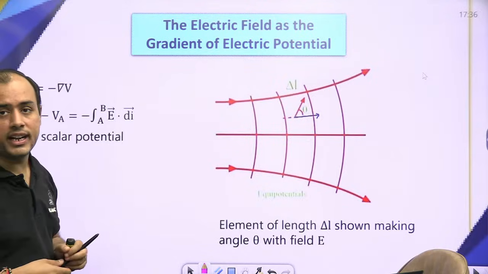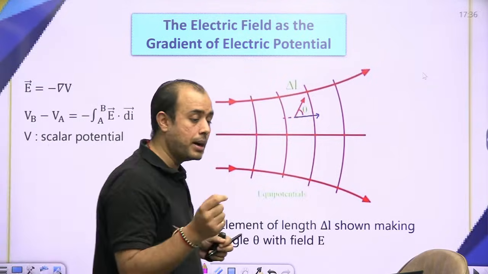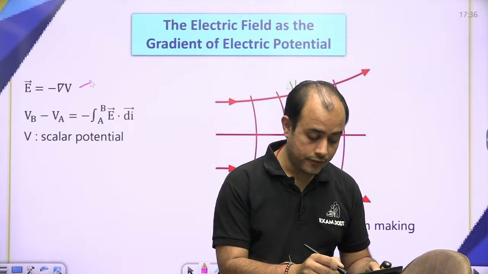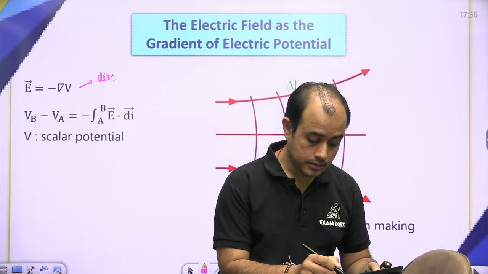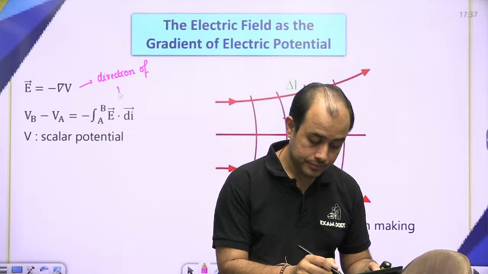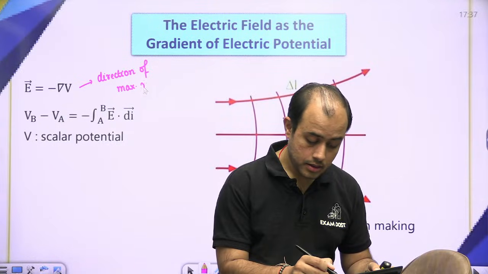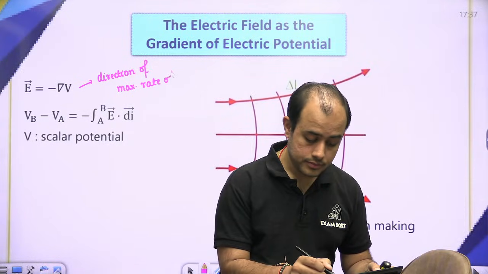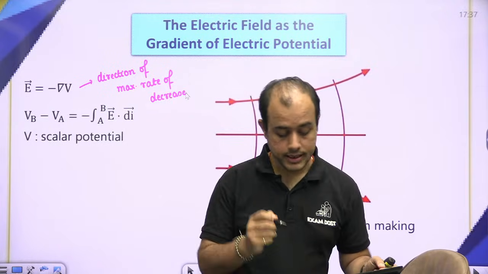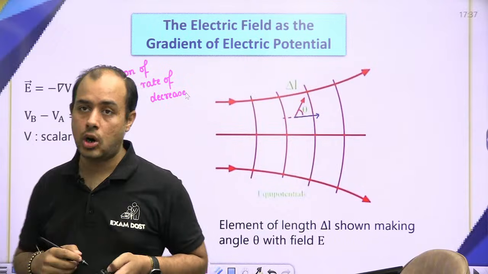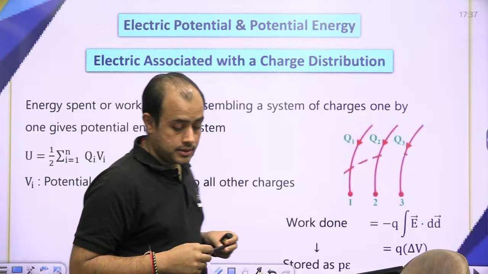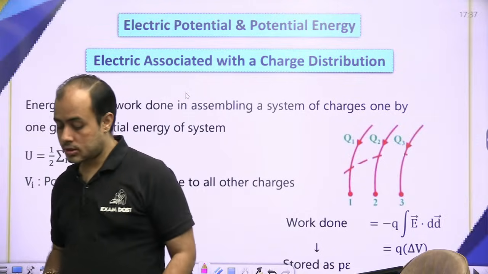So negative of gradient माने direction of maximum rate of decrease. ठीक है, डायरेक्शन ऑफ मैक्सिमम रेट ऑफ डिक्रीज. इज दैट क्लियर बेटा? जस्ट गिव मी अ मोमेंट, देन आई विल टॉक अबाउट द एनर्जी.